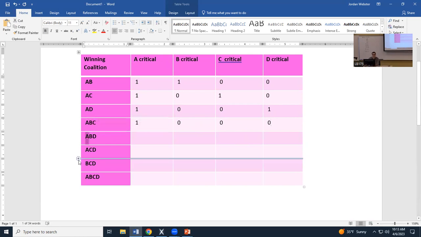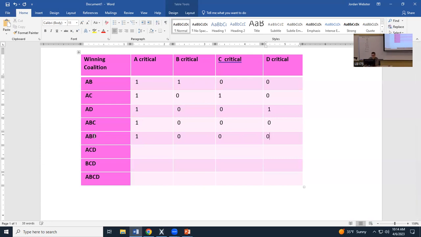Same thing with ABD. You're going to find that if you drop A out, BD does not win. So A was important. If you drop B out, AD still wins. So B is not important, not critical. C isn't in there. And then D, if you drop D out, AB still wins.